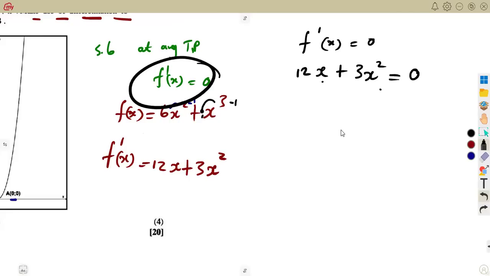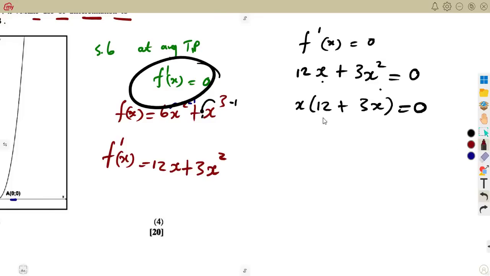You can simply factor out x, the highest common factor. Here it's x. We can factor out the 3, it's fine, but just consider the x there. That will be x times the bracket 12 plus 3x, which is equal to 0.